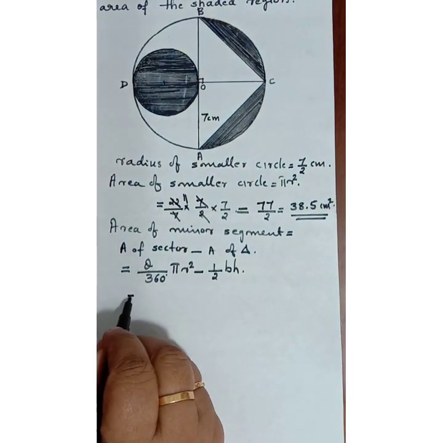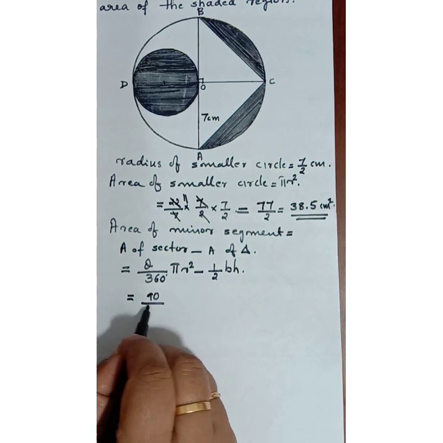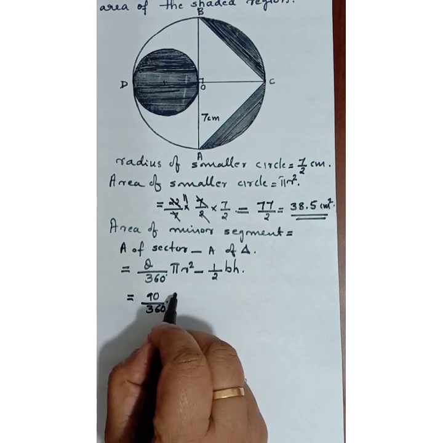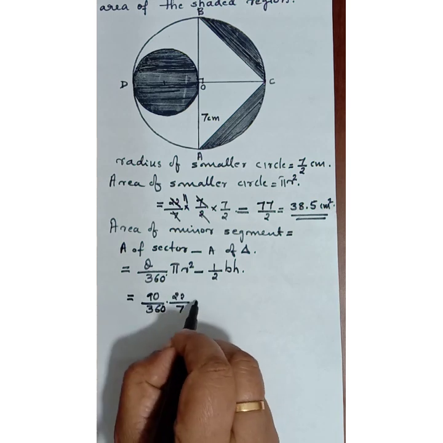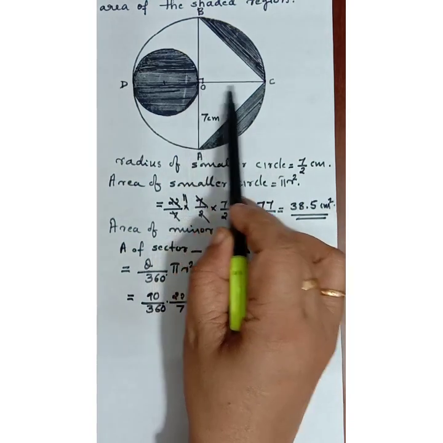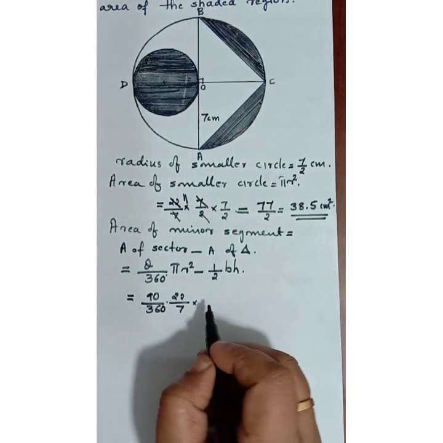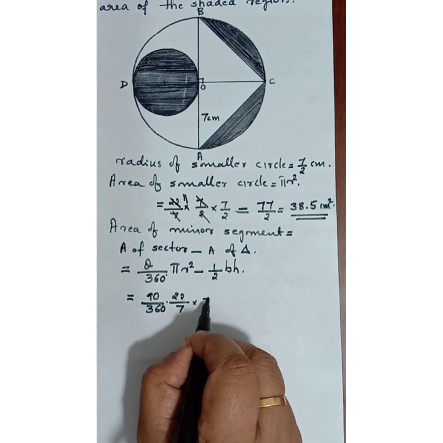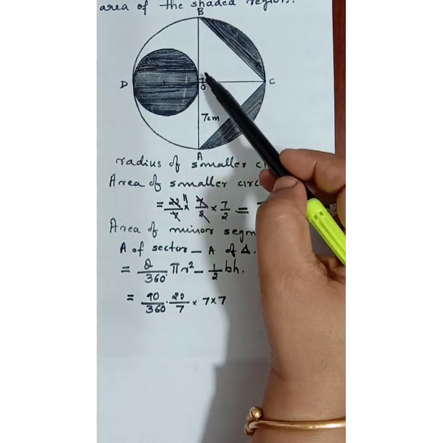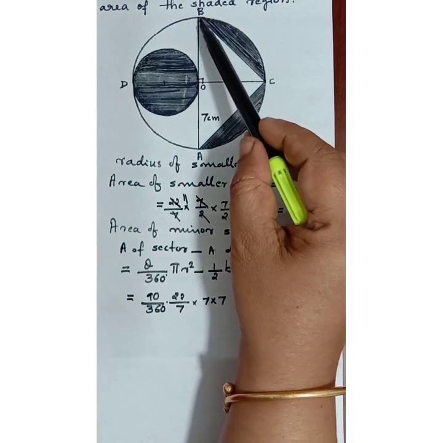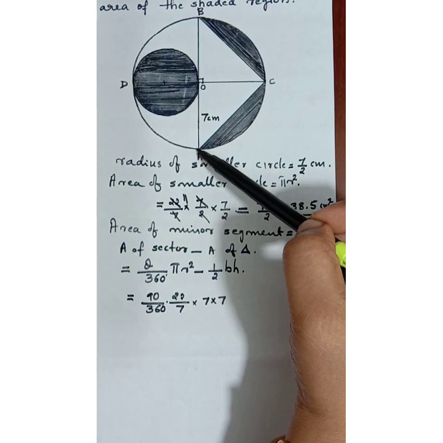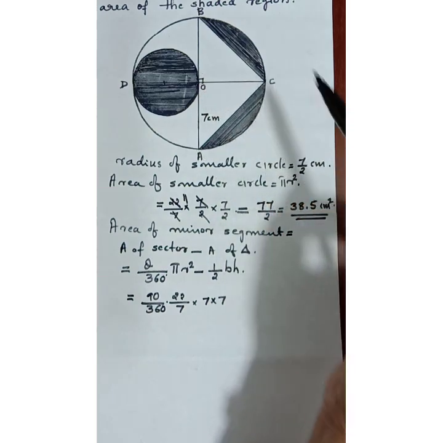So this is equal to 90 by 360 into pi r square. The pi value we substitute as 22 by 7. The radius for the sector is 7 centimeter, 7 into 7. Here the radius for the sector is OB or OC, or we can take OA. That is the radius.